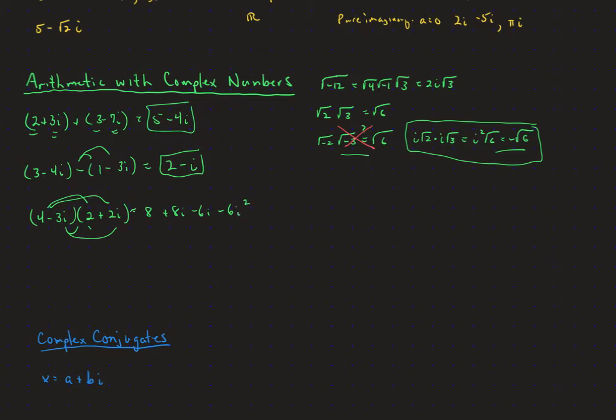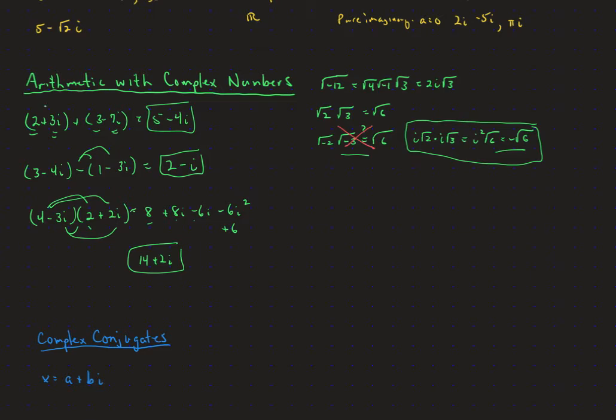So the i squared is negative 1, so the negative 6i squared would become the real number, positive 6, which we would combine with the 8 to make 14, and the 8i minus 6i would be a 2i, and we get another complex number. So in the language of math, the complex numbers are closed.